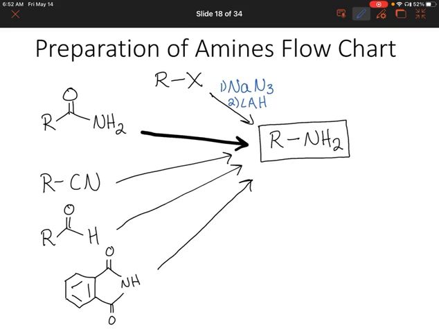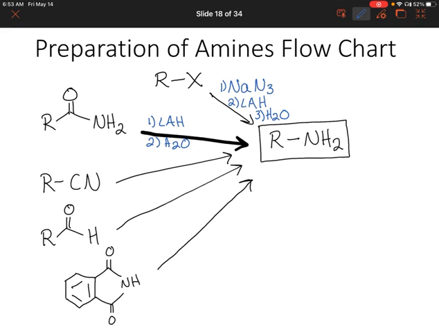That works too. And then we'll follow that with water. What if we're trying to convert an amide to a primary amine? What would we use? Lithium aluminum hydride again, followed by water or acid.